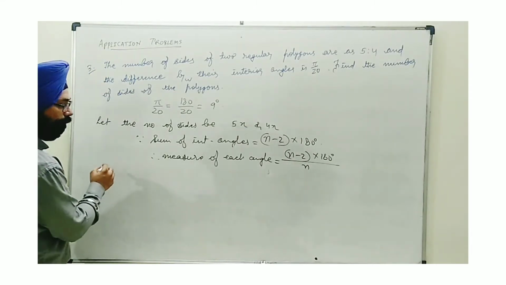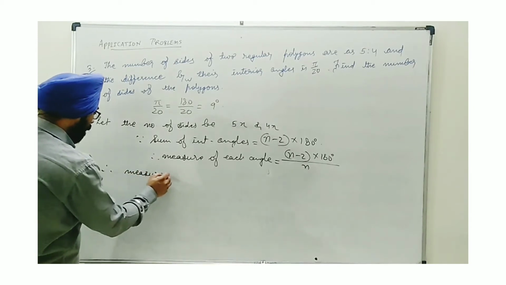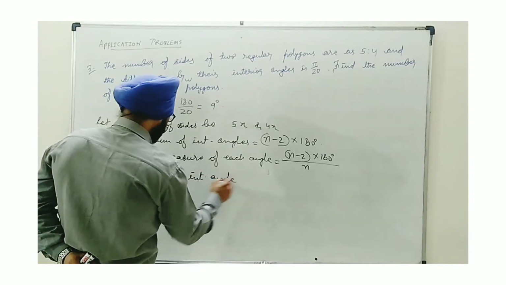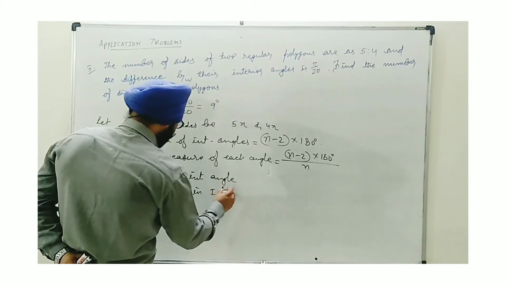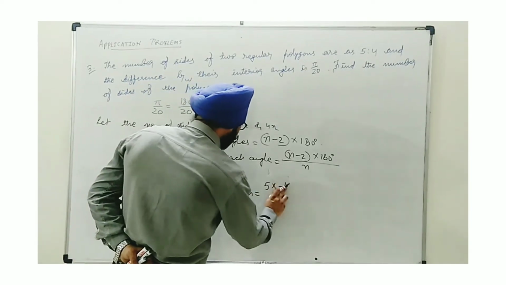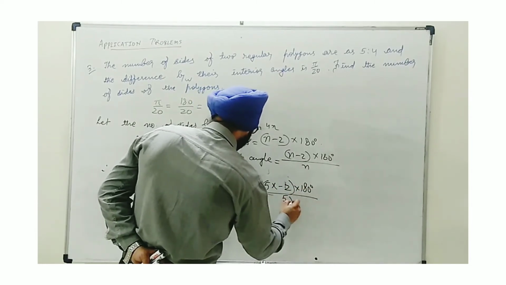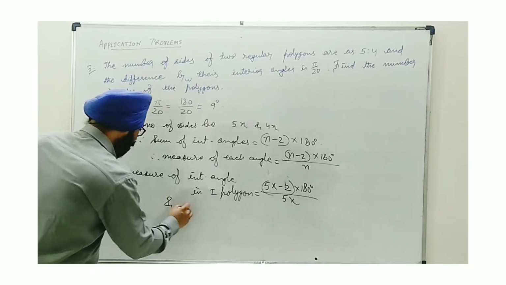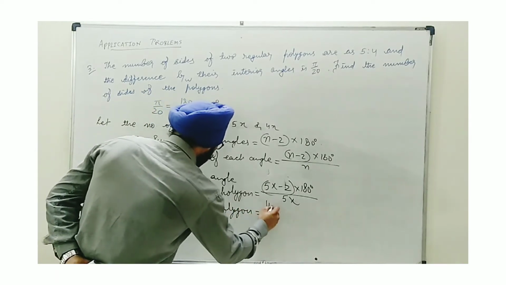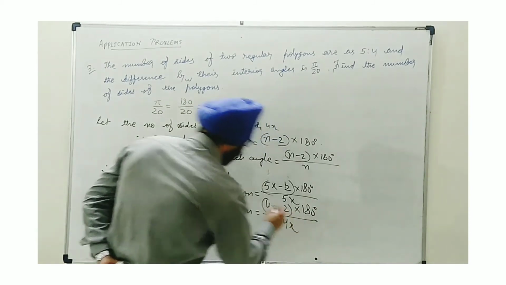Therefore, the measure of the interior angle in the first polygon, we will find, is (5x minus 2) into 180 divided by 5x, and in the second polygon we find (4x minus 2) into 180 divided by 4x.